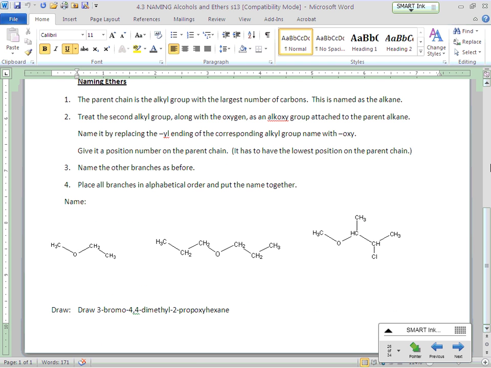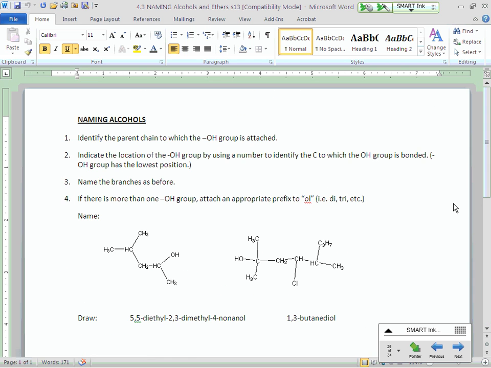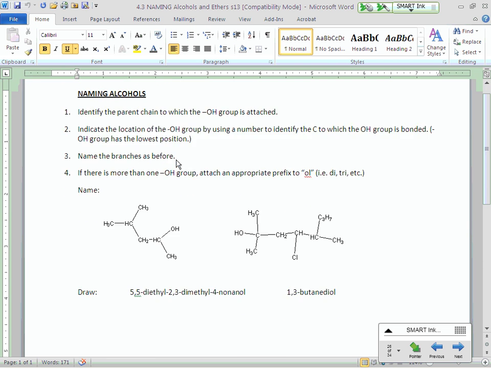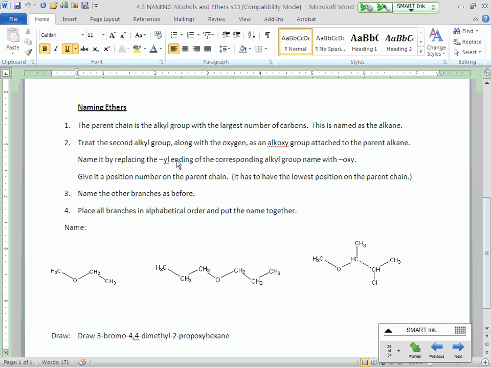Now, this naming method is a little goofy. It's a little strange compared to what we've done up to this point. Up to this point, we've had a definite functional group, and it ends in whatever ending describes that functional group, ene, yne, al. But for ethers, it's kind of an odd thing.